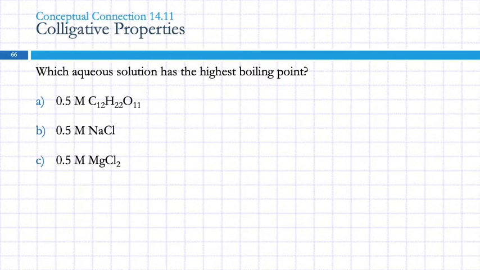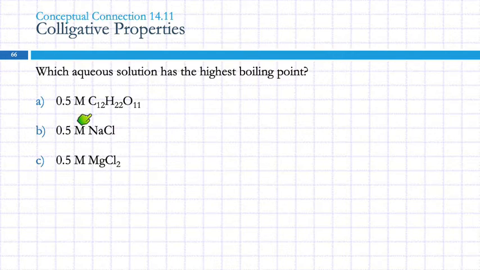And notice these are all aqueous solutions, so the solvent is water. That's the same for all of them. And looking at this, the concentrations are the same, the concentrations of molecules or formula units. But then you have to look at, well, what would the Van 't Hoff factor be for these?